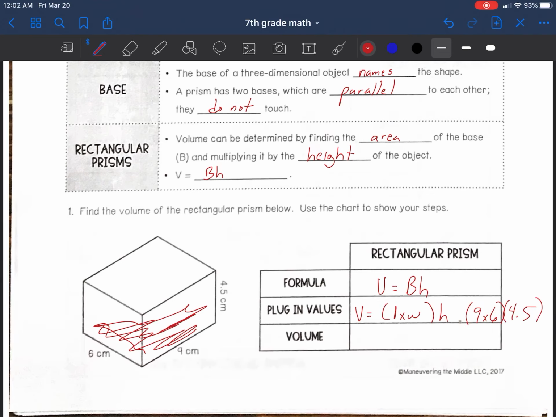After we do that, our total is going to be 243 centimeters cubed. Not that hard. We know that we're going to multiply three numbers, but we got to remember which is the base and which is our height.